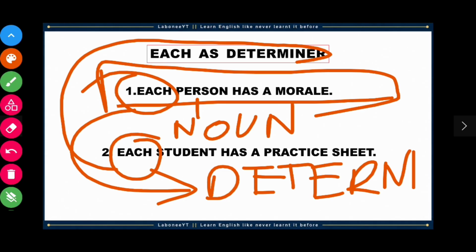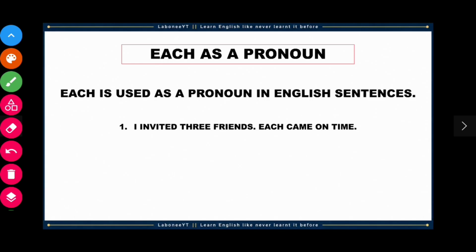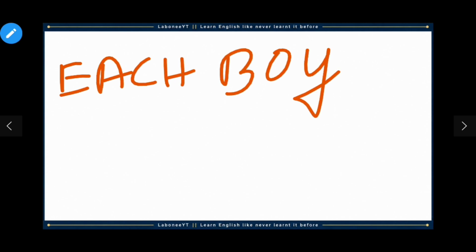Next, that is each as a pronoun. Well, if you want, then I can give another example about each where we can use it as a determiner. Well, let me give it here. If I write, each boy is good.